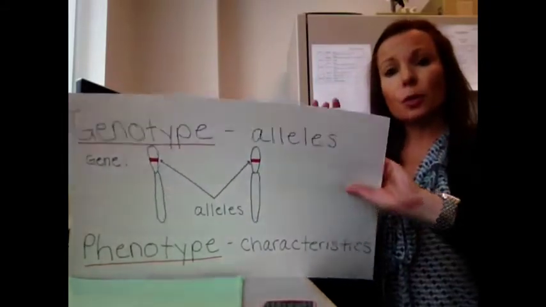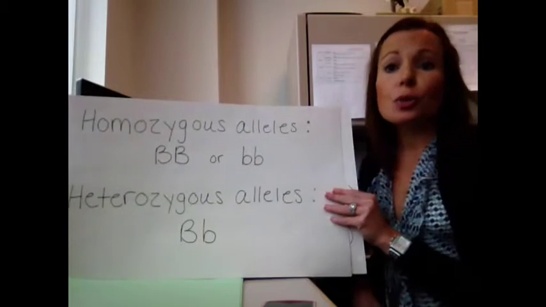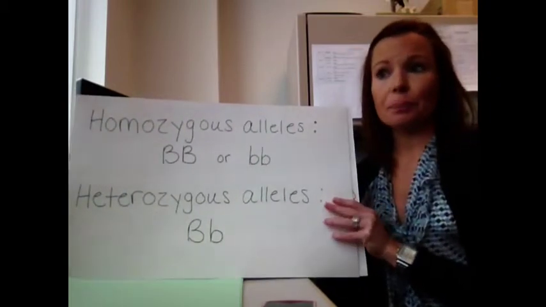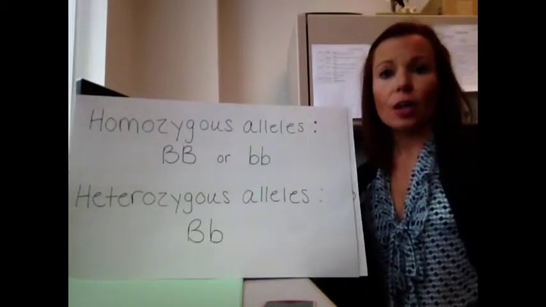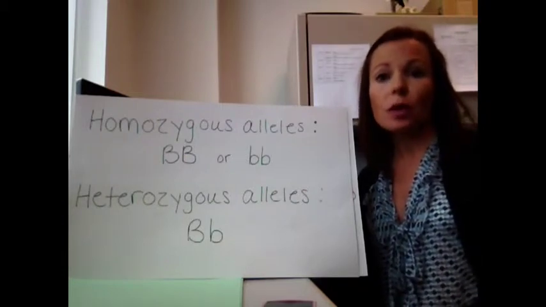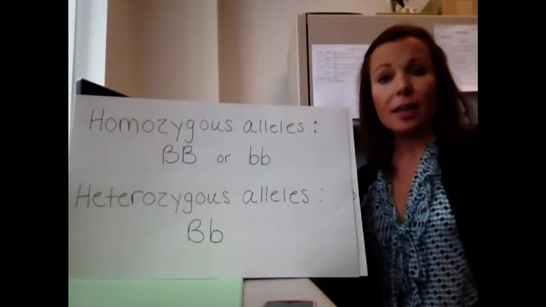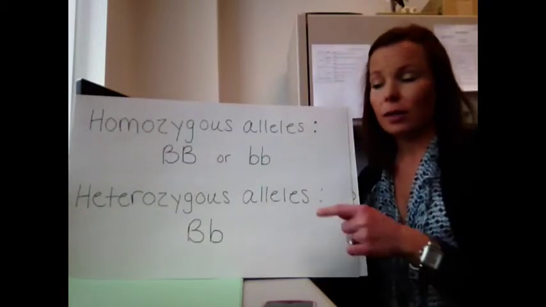If an individual has two alleles that are the same, they are said to be homozygous, and the individual will always display that particular characteristic that these alleles code for.